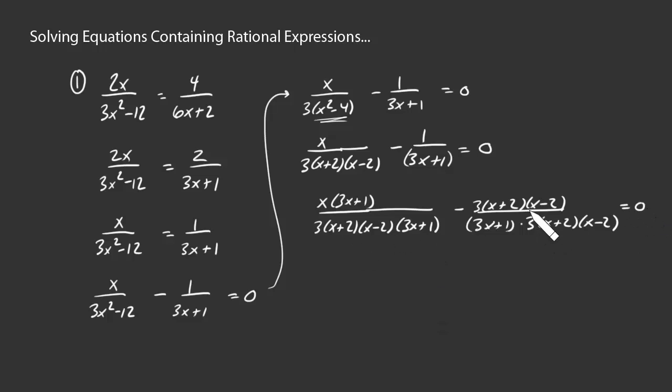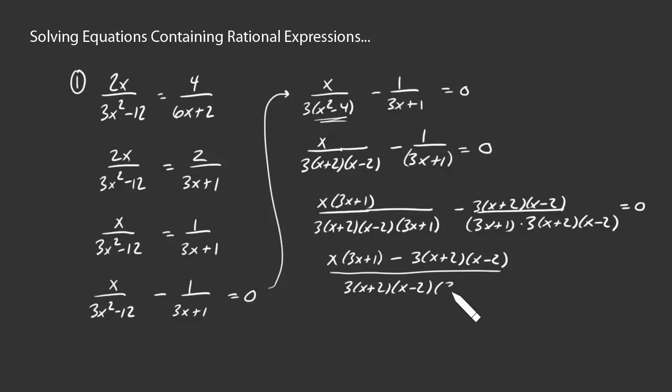Seeing the common denominators, we can jam them together into a single fraction, with that as the numerator and a rather large denominator, equals 0.